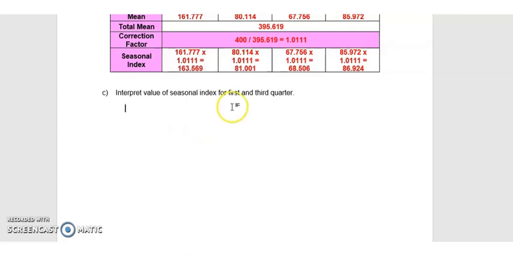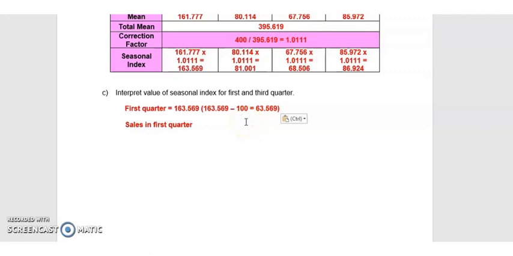Now let's interpret for first quarter. So first quarter, the seasonal index is 163.569. So what does it mean? The actual data is about sales, right? So the sales in first quarter is more than 100%, so it means an increase. 163.569 minus 100, we get 63.569.